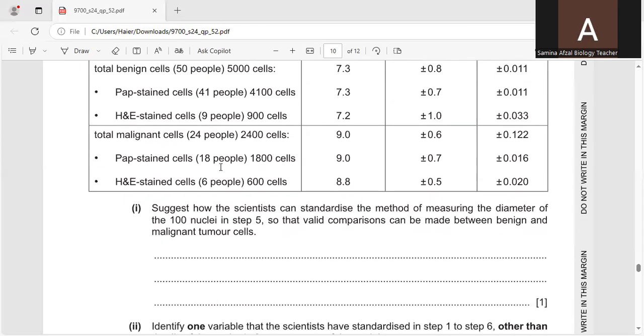To keep standardization in step 5, so valid comparisons can be made between benign and malignant tumors, it can be done by measuring the widest part of all nuclei.